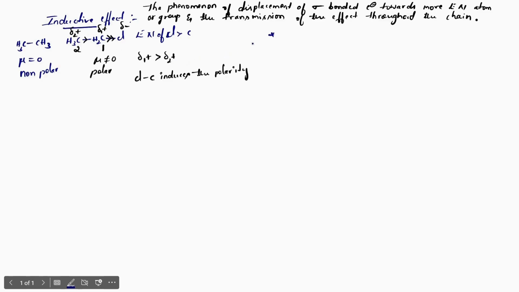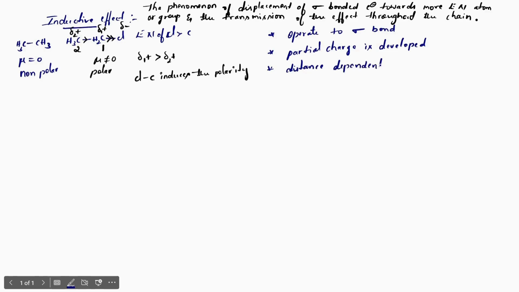Let us discuss some important points of the inductive effect. First, the inductive effect operates through sigma bonds. Second, partial charge development takes place. Next, the inductive effect is distance dependent and can be neglected after the third carbon atom.